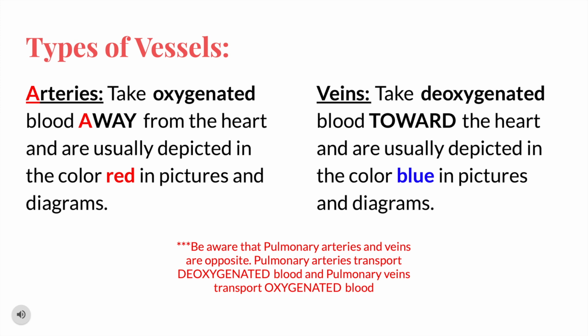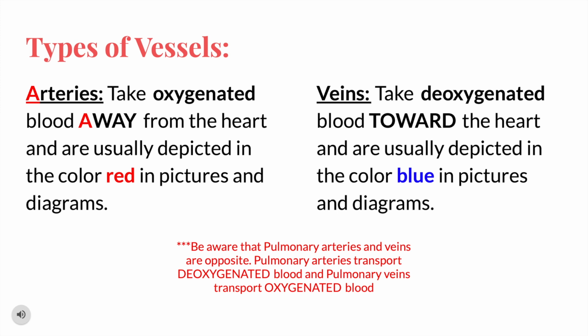Okay, types of vessels. This is the first kind of more dense topic that I will be covering. Basically, you have two different types of vessels that we will be talking about. We have arteries and veins, and most of y'all probably know this just from general anatomies and other classes. But just to review, arteries take generally oxygenated blood away from the heart, AA, that's why I have those two highlighted in red, and they both start with A, so that's just really helpful.